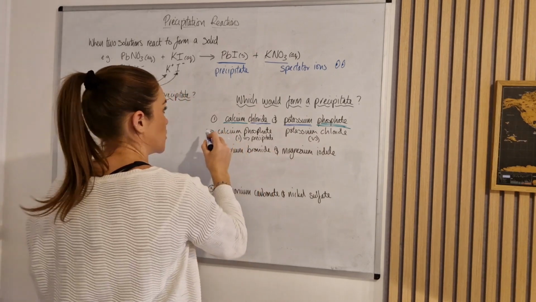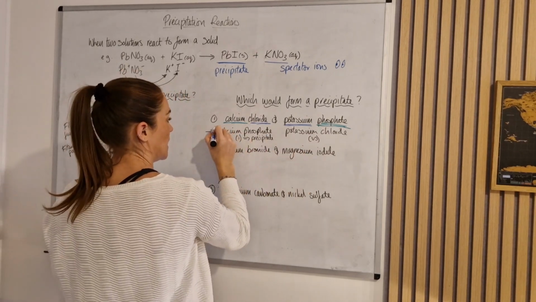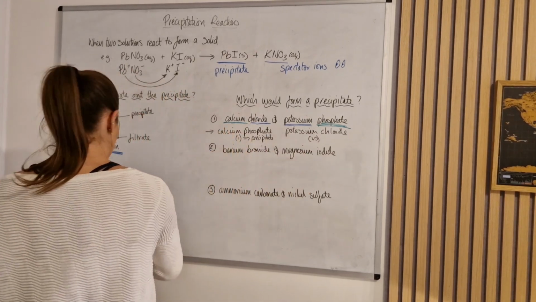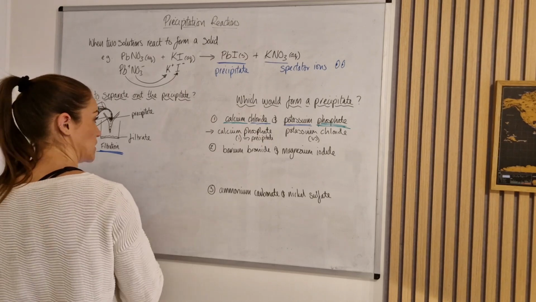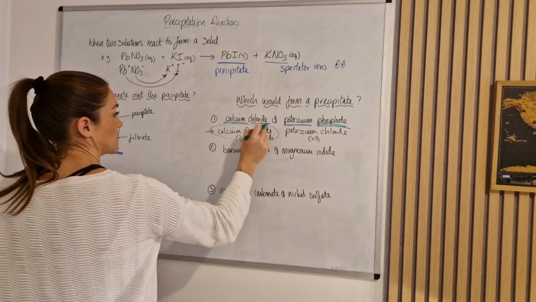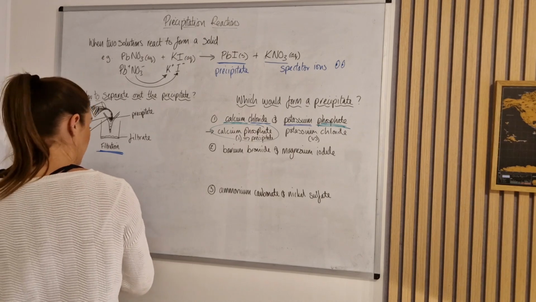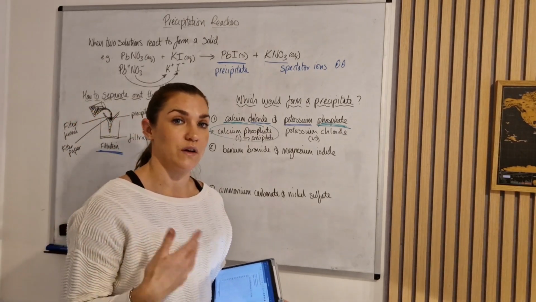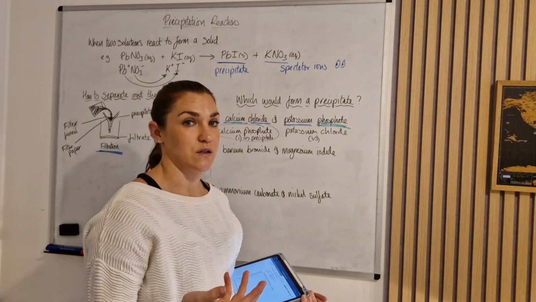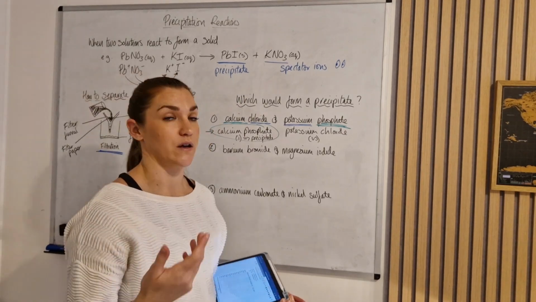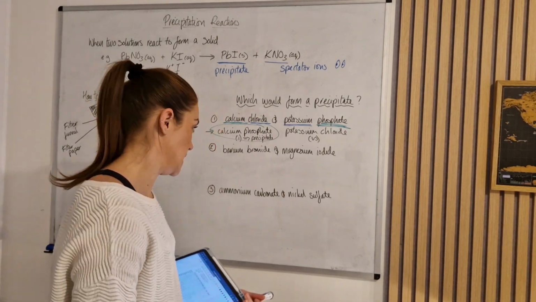Okay, so this reaction would produce a precipitate, and that precipitate is the calcium phosphate. Okay, so if we were to mix calcium chloride and potassium phosphate together, we would find the solution went cloudy, and the reason it went cloudy is because it formed calcium phosphate, which is a precipitate.